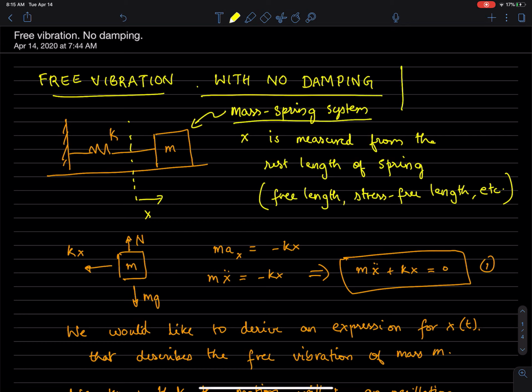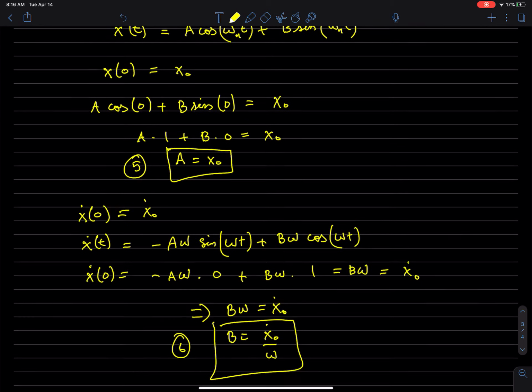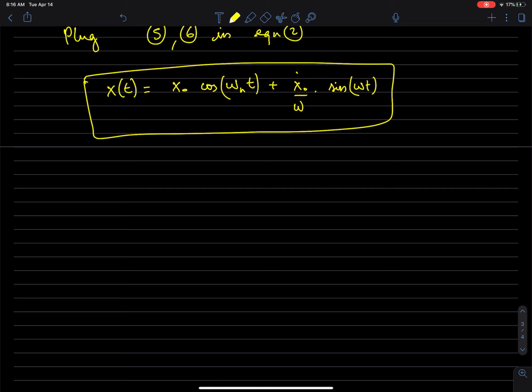It's also sometimes called a simple harmonic oscillator, and this motion is sometimes called simple harmonic motion.